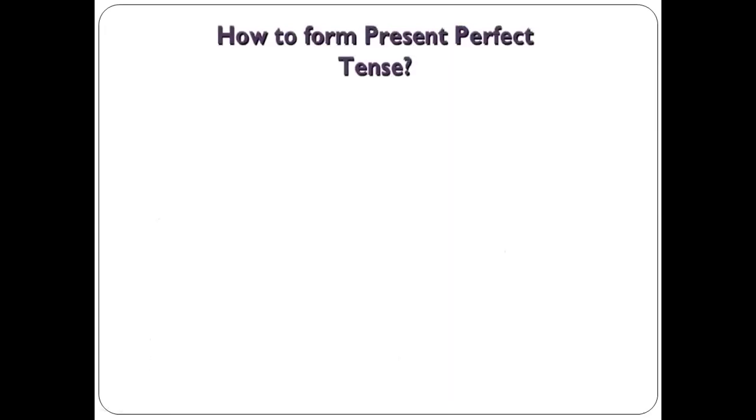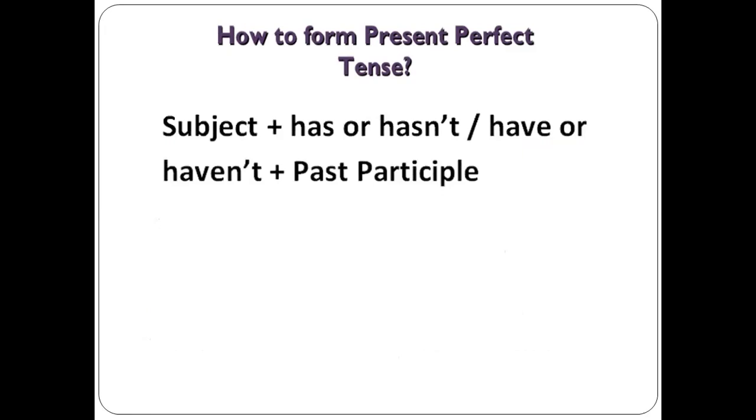Take note of that. Now, this time we're going to talk about how to form present perfect tense. How can you make sentences? How can we make questions, yes or no questions, and WH questions? Now, the formula here is very easy.